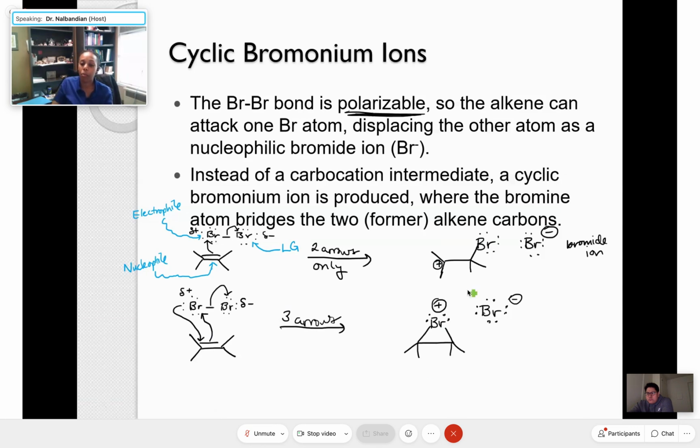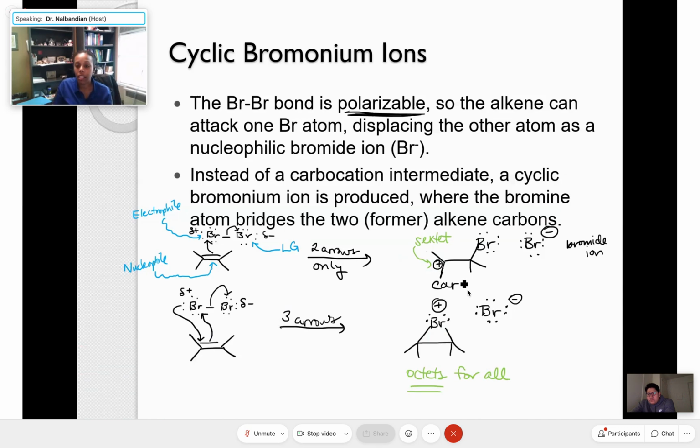We only form our bromonium ion because we have octets for all. Whereas over here, this carbon has a sextet, only 6 electrons around it. What's better? Everything having an octet is better rather than having one of our atoms having a positive charge with only 6 electrons around it.